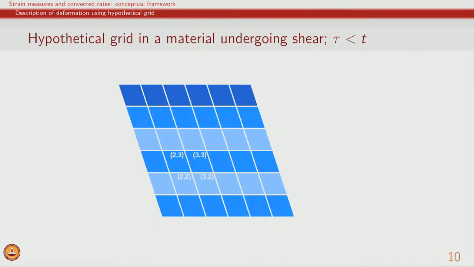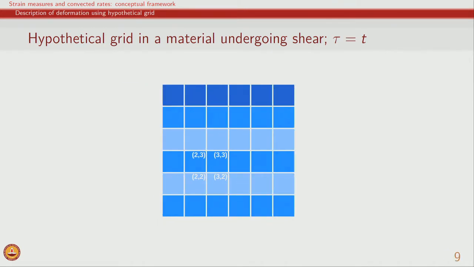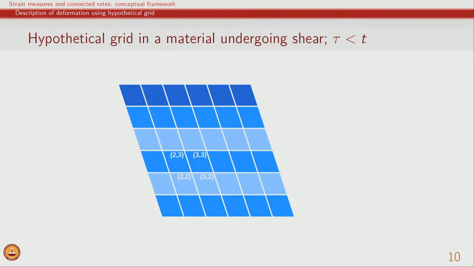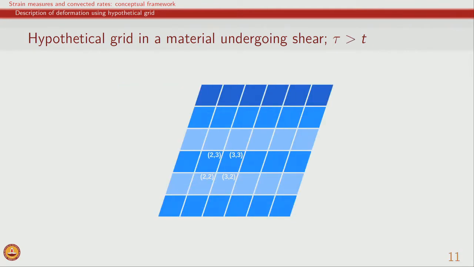If you recall, we had talked about a deformation, for example, a simple shear deformation, where a grid which is embedded in the material at some time in the past may look like this and sometime in the future may look like this, because the top part of the fluid is moving much faster towards the right, and therefore each and every point moves towards the right as time goes on.